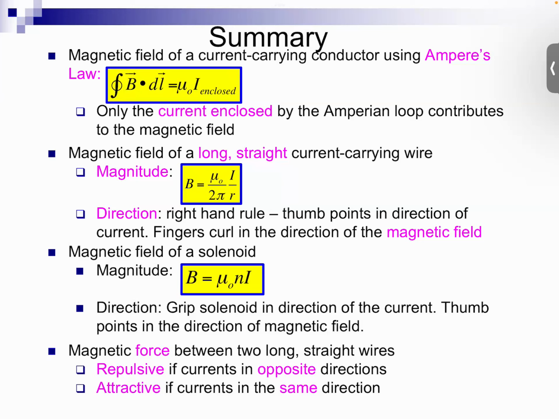We can use Ampere's law because of the circular symmetry of the magnetic field around that wire. We can take a wire and wind it into several coils to form a solenoid, and the magnetic field of a solenoid is given here. And if you have two wires that are placed close together, then the current in each wire will create a magnetic field, and that magnetic field exerts a force on each of the wires.